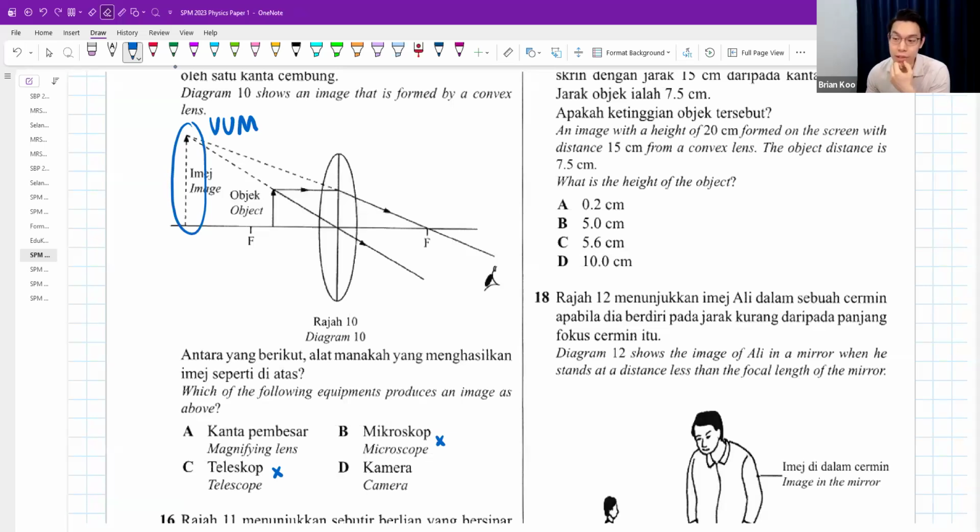And I don't know whether you know this, normally for a normal camera where you take a picture from quite far away, the object distance is pretty far. You're going to get a real, inverted and diminished image. It must be real because you're capturing a picture from your camera, phone camera especially, it goes into your lens, and then it must go inside your phone camera sensor.